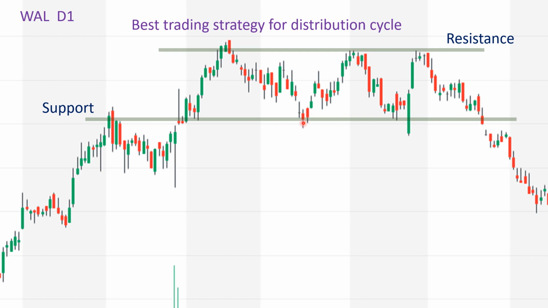And when you enter the market, you put your stop loss 1 or 2 ATR below the support area. And also, when you want to exit the market, you exit around the resistance area, using price rejection again, like shooting star, bearish engulfing, evening star, and so on.